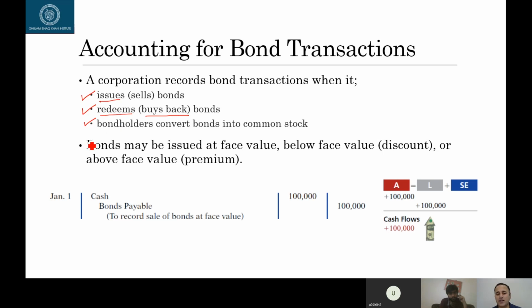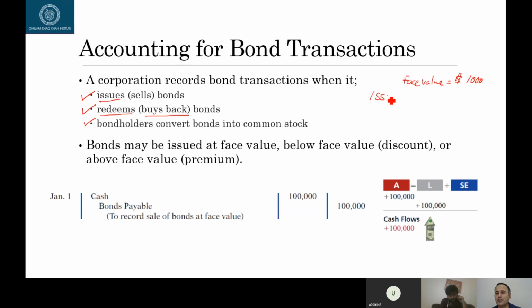Let's take an example. Bonds may be issued at face value, below face value, or above face value. As I said, the face value of a bond in the US is normally $1,000.